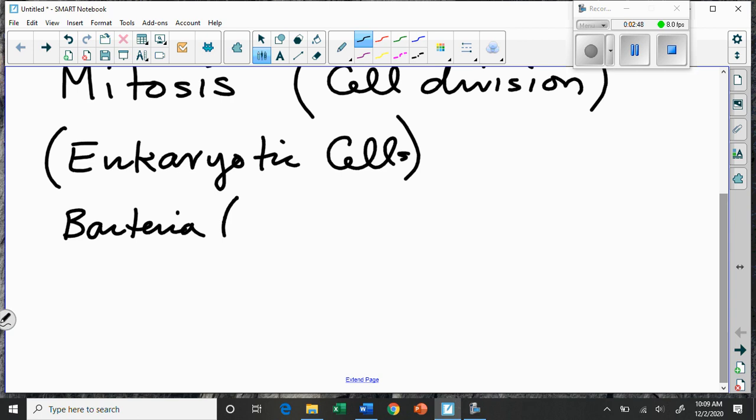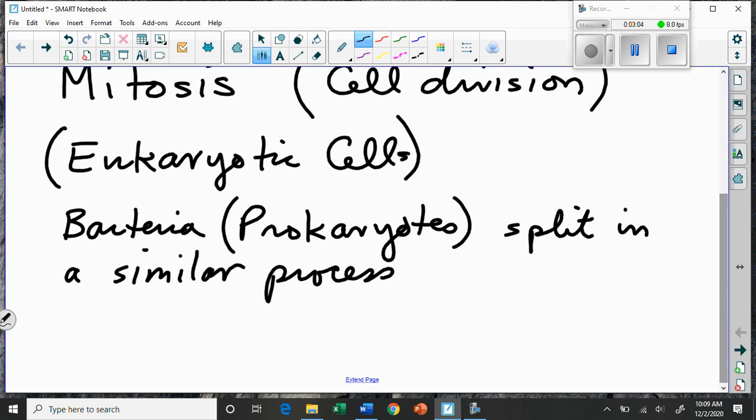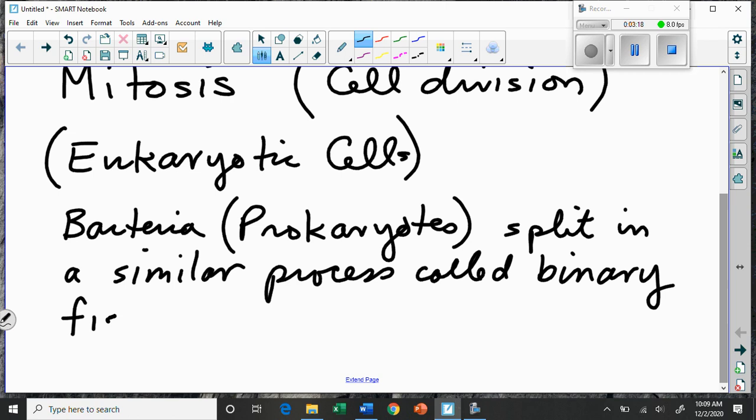Prokaryotes split in a similar process called binary fission. Just so you know, and sort of in your head. When you get to university, you'll start to study microbiology as one of your options, possibly, if you go into bio. And when you do that, you'll get to know bacteria pretty well.